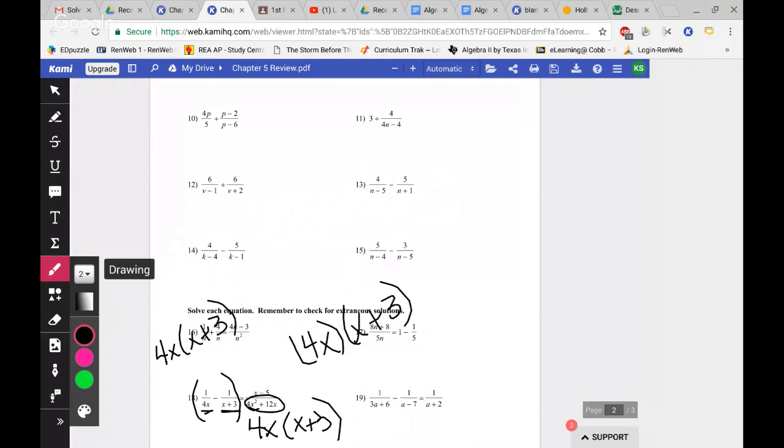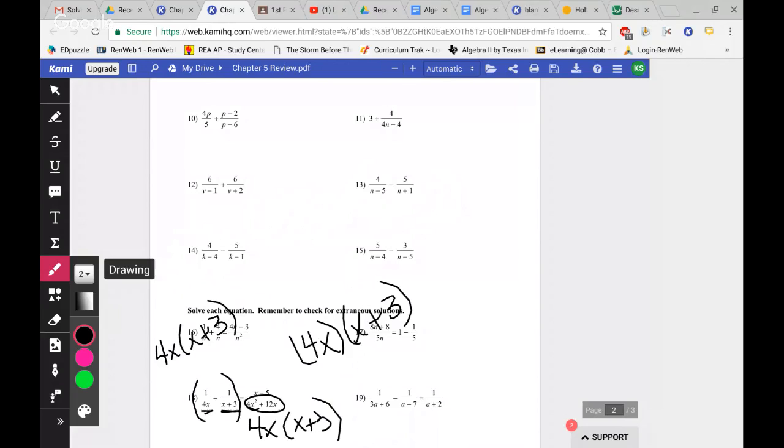So what you're doing is now I'm distributing this 4x times x plus 3. When I multiply that by 1 over 4x, the 4x's would cancel out and would leave me with that x plus 3. And I multiply that x plus 3 times the numerator. What's the numerator? It's a 1.